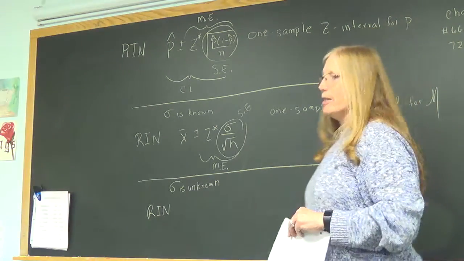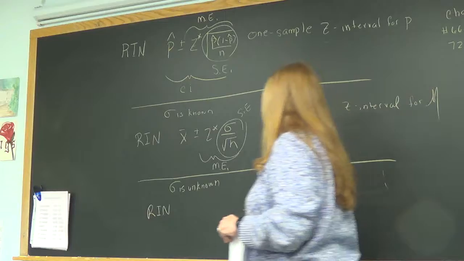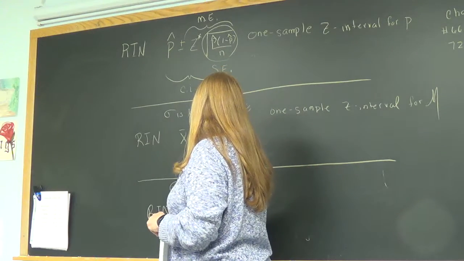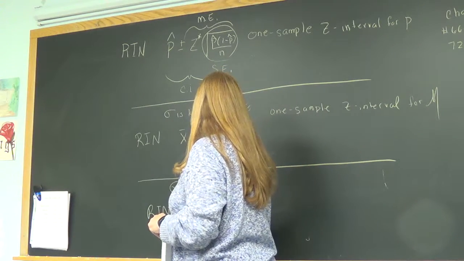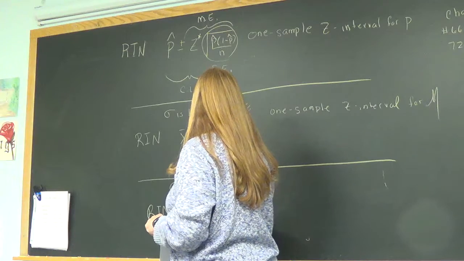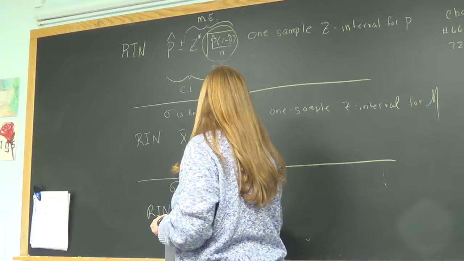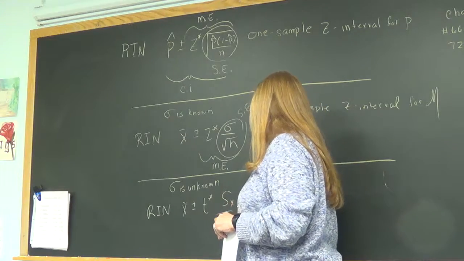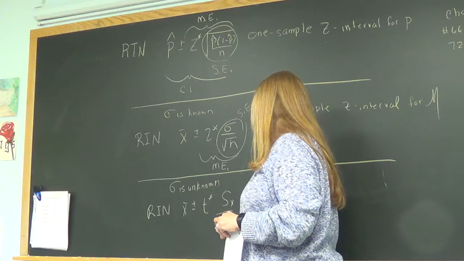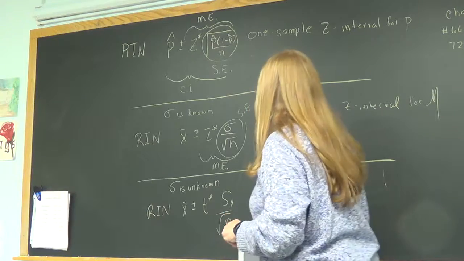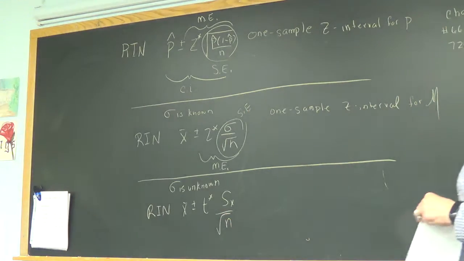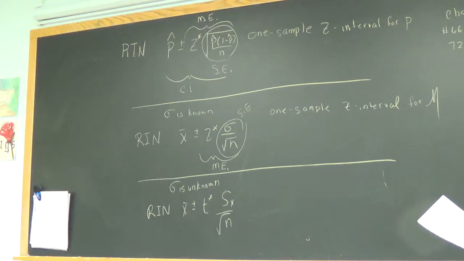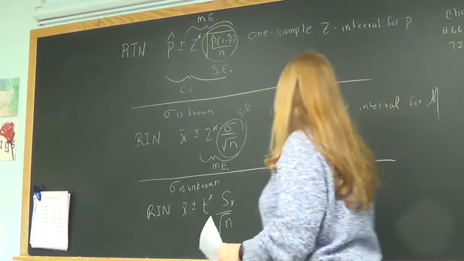When the standard deviation is unknown, you do x bar plus or minus t star times s sub x, which is the sample standard deviation, over the square root of n. All right, so now we have SE right here.